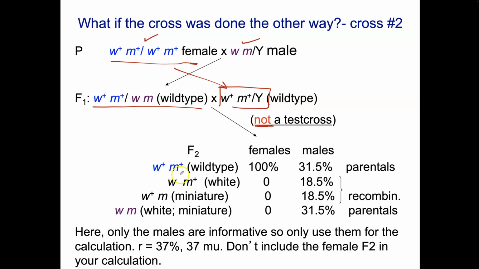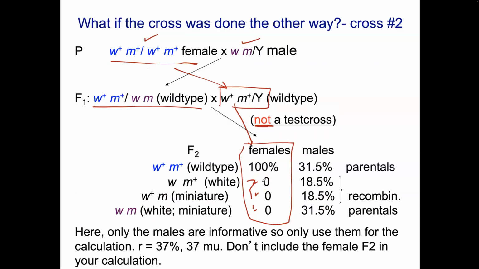And so when we look at the progeny, what we're going to see is that all the females get this wild type chromosome from their father, so they're all going to be wild type. And their other chromosome can have crossovers and stuff, but we can't tell. We don't know what's going on with the other chromosome on these females.